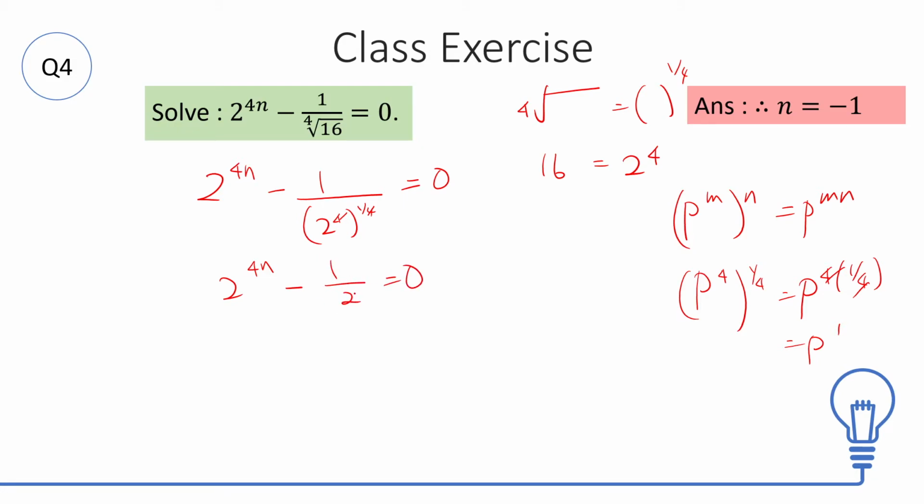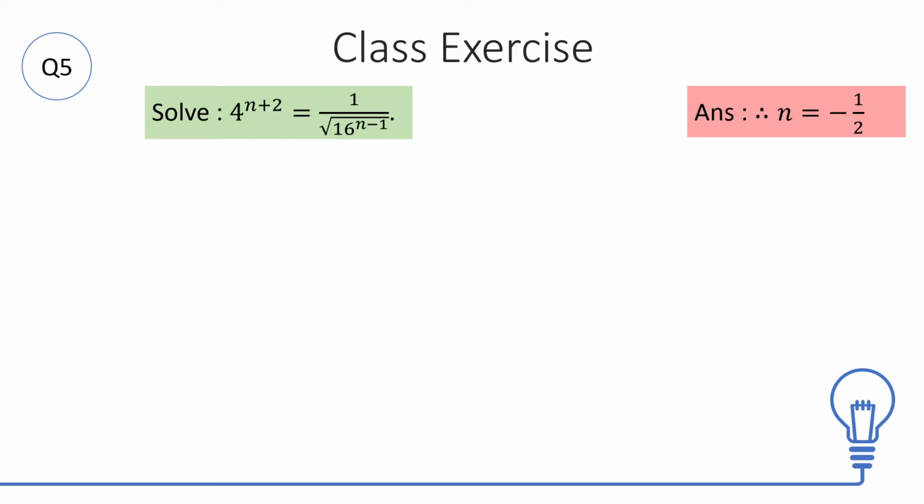Since I want to do comparison, I shift it to the other side: 2^(4n) equals 1 over 2. I make it a negative exponent because I want the same base: 2^(-1). So my bases are the same, I compare exponents: 4n equals negative 1, so n equals negative 1 over 4.